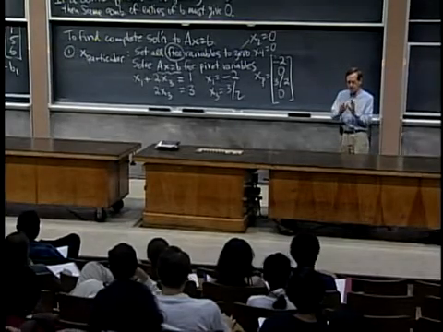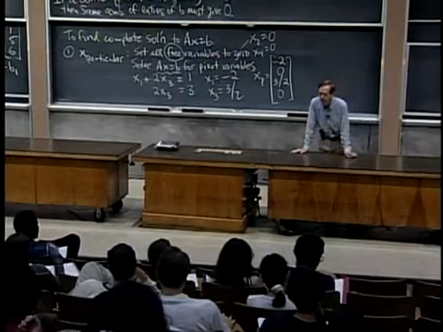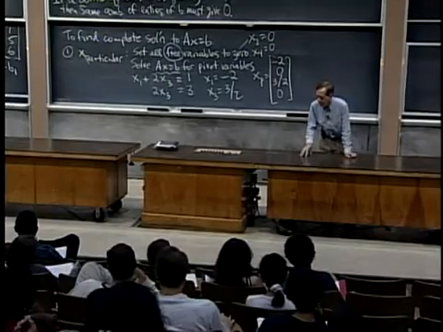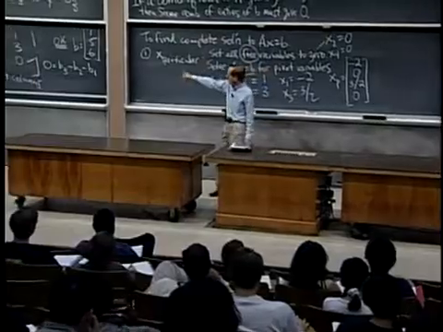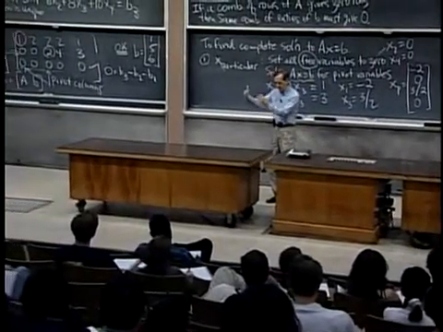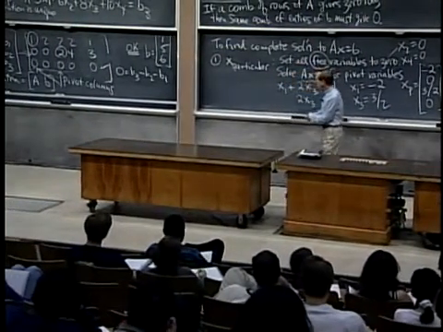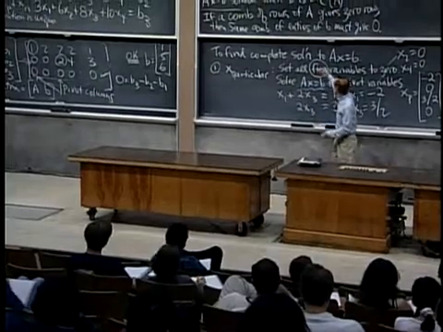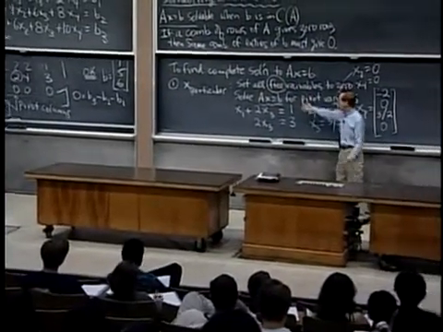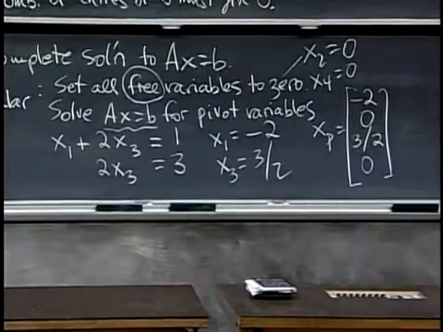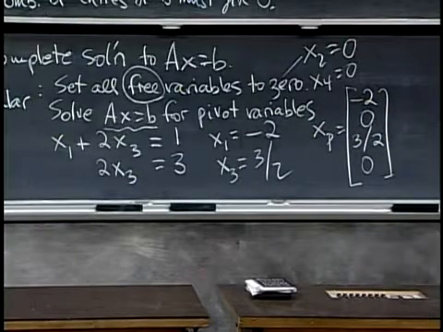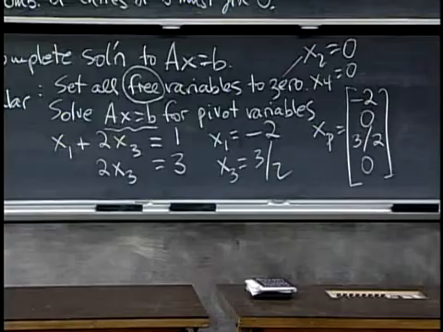That's what's new today. For the particular solution, first you check that you have 0 equals 0, so you're okay on the last equations. Then you set the free variables to 0, solve for the pivot variables, and you've got a particular solution, the particular solution that has 0 free variables.